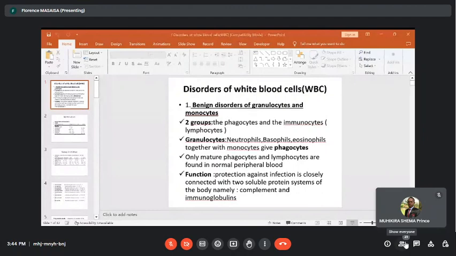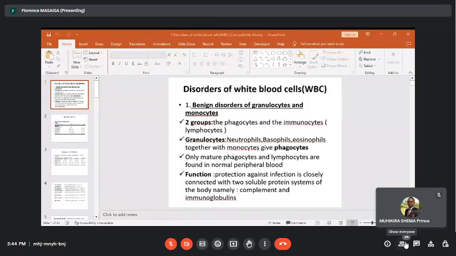You should also understand that the counts in adults and children are not the same. You may call a normal white cell count in childhood leukocytosis, so again the range depends on the age of the individual. The normal white cell count is 4 to 11 times 10 to the 9 per liter.